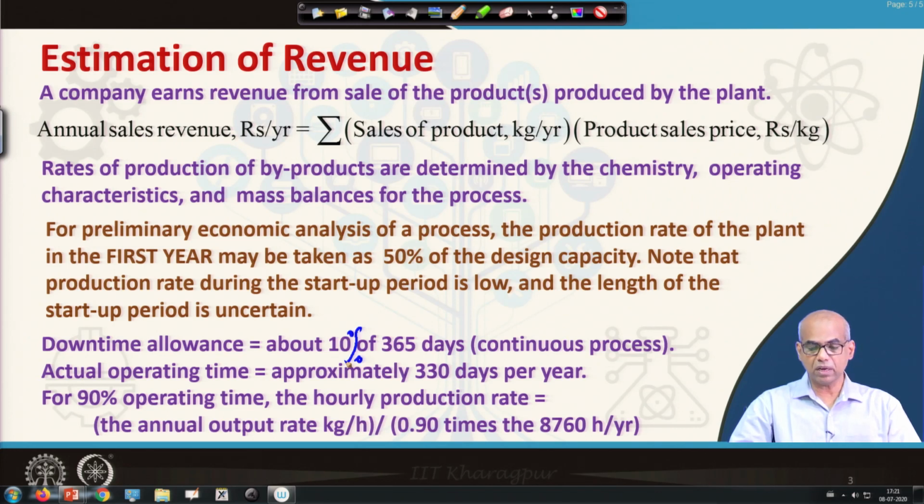For 90% operating time, the hourly production rate will be annual output rate in kg per hour multiplied by 0.9 times 8760 hours per year. Note that there are 8760 hours in a year. So, for 90% operating time, you will get the hourly production rate as annual output rate in kg per hour multiplied by 0.9 multiplied by 8760 hour per year.